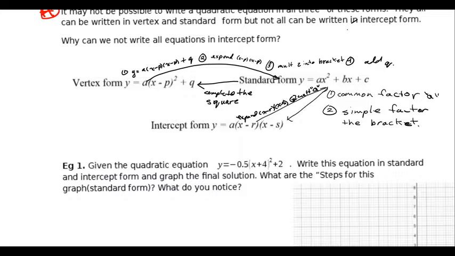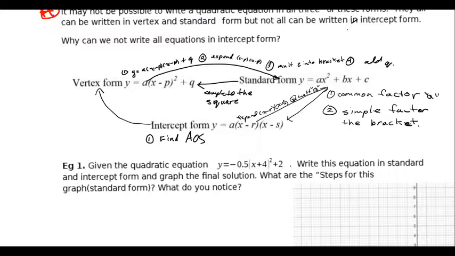Now, the final stage here. If we wanted to move from intercept form to vertex form, what you have to do is three things. 1, you're going to find the average, or the axis of symmetry.